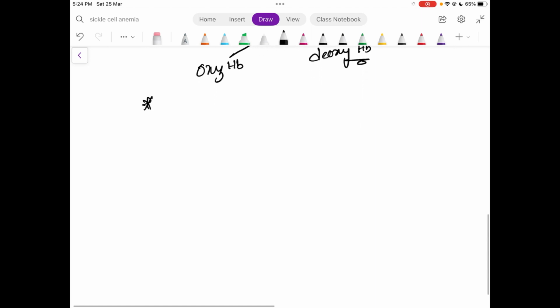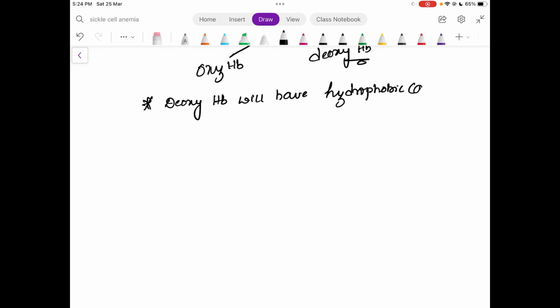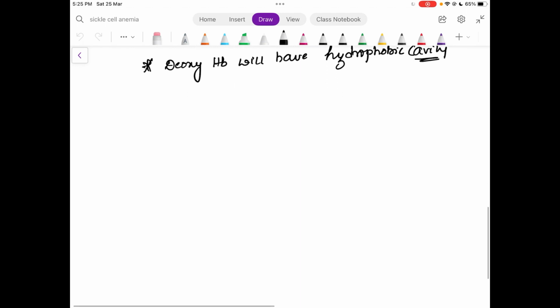So normally deoxyhemoglobin will have a hydrophobic cavity, and normal hemoglobins don't have a sticky patch. Only sickle cells will have a sticky patch. That is, sickle cell disease will have a sticky patch on their hemoglobin.